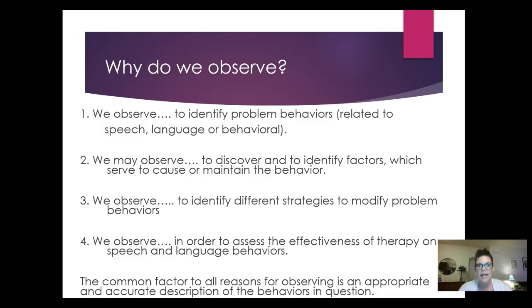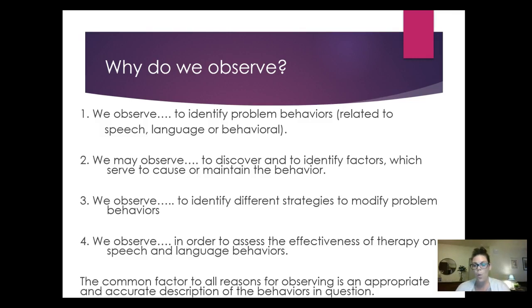So for instance, let's say we have someone come in, mom brings the child in, the child's not talking yet. So I'm identifying the problem behaviors. I am looking to figure out what type of problem behaviors, meaning like the troubles, not necessarily behaviors, although that definitely can accompany a language delay.